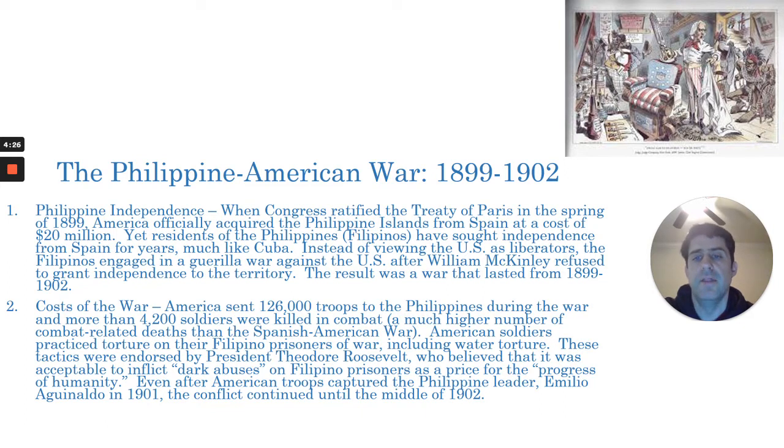Yet, the residents of the Philippine Islands, Filipinos, if you will, were not happy about this development, as they, like their counterparts in Cuba, had sought independence from Spain for many years.